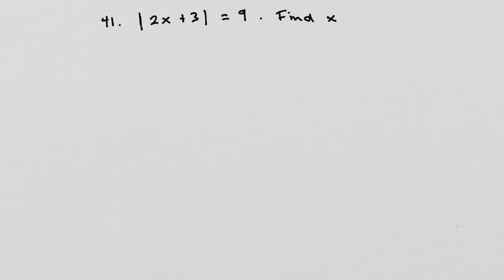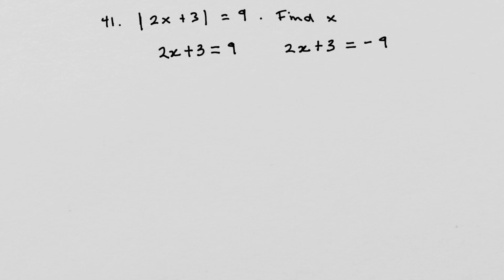We have a complete video on absolute values. We encourage you to watch it. We have 2x plus 3 equals 9, and we have 2x plus 3 equals negative 9.